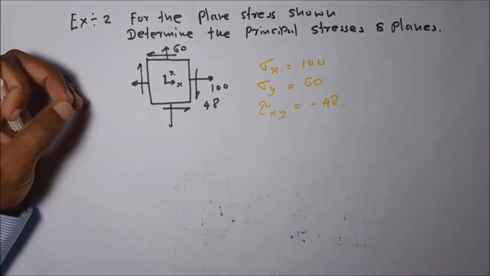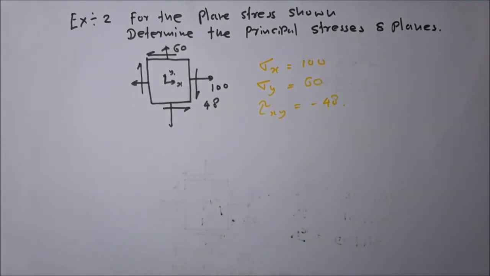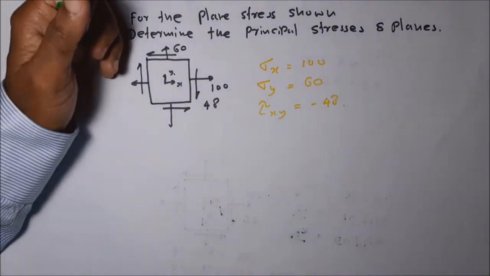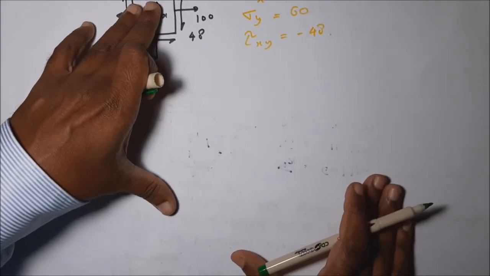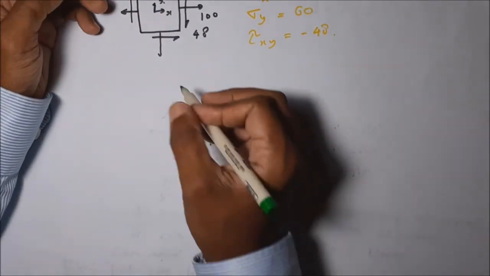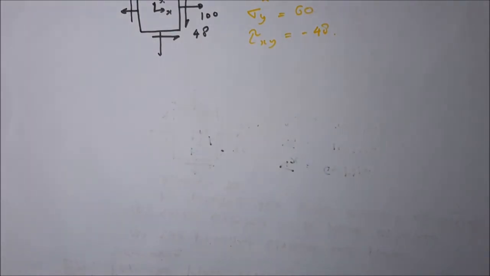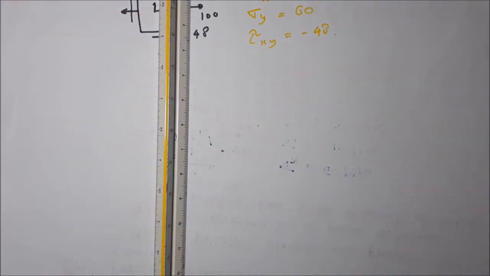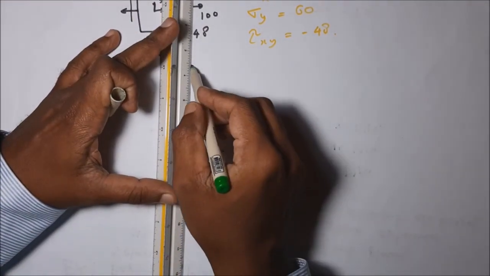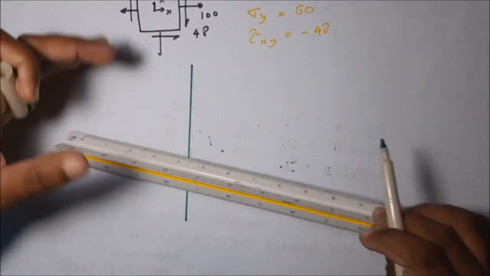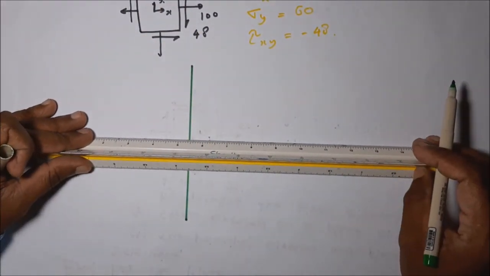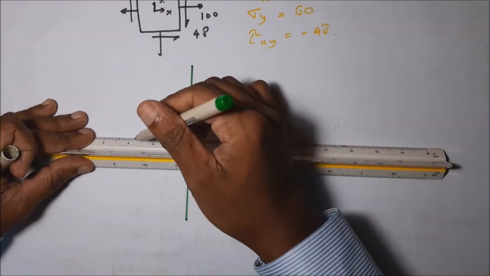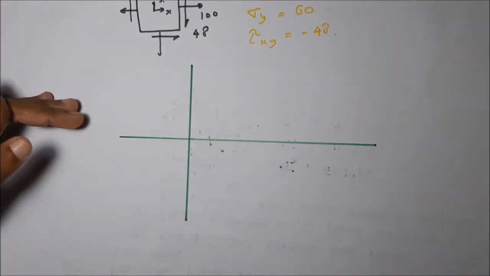Okay, minus 48. Then let's see the Mohr circle diagram for this stress element. Let's draw the Mohr plane.